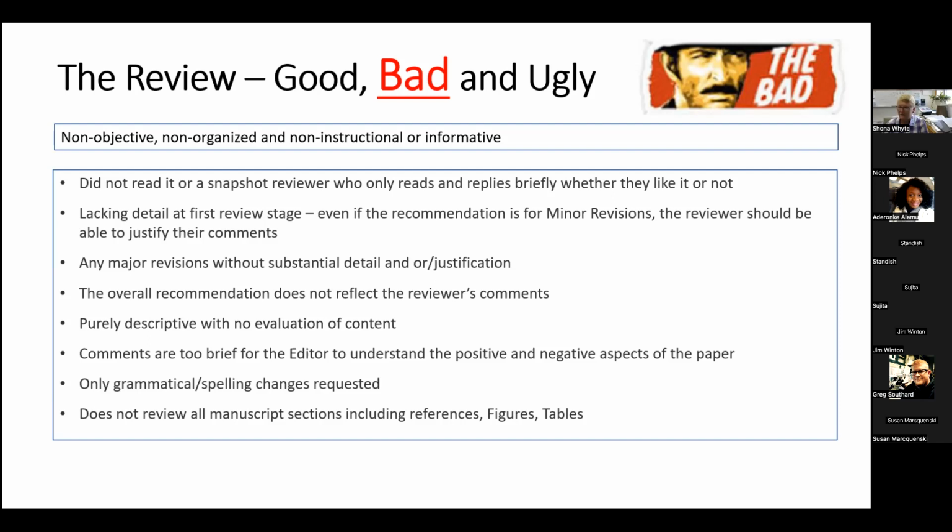This kind of review makes it extremely difficult for myself and an associate editor to determine what recommendation it should have, and whether the review is actually a reflection of the content in the manuscript. That would necessitate that I would read it, the associate editor would read it, we'd have a discussion, or we would have to go back out for another review, and that adds to the time taken for the process.